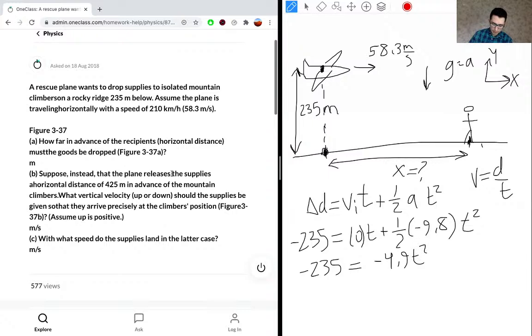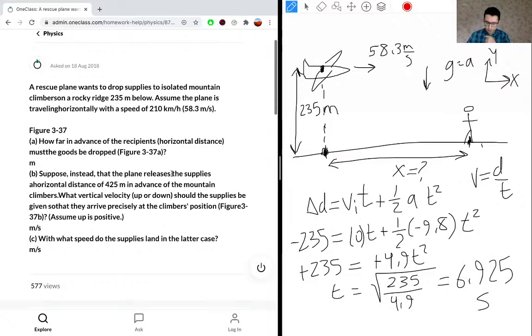The negative signs cancel out, and we're left with t equals the square root of 235 divided by 4.9. And this gives us 6.925 seconds.